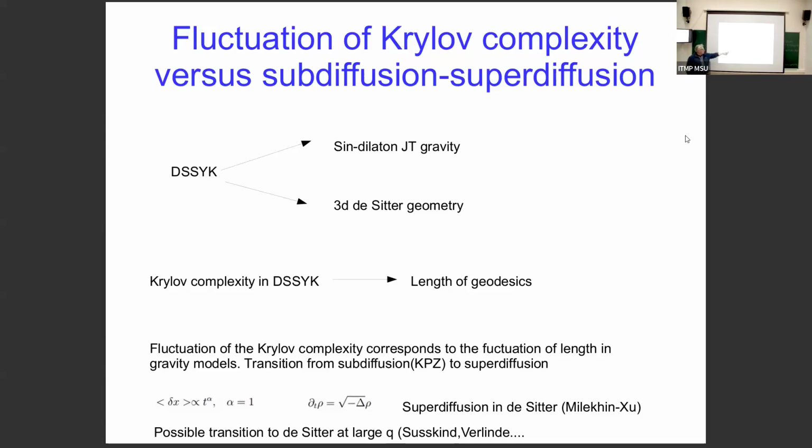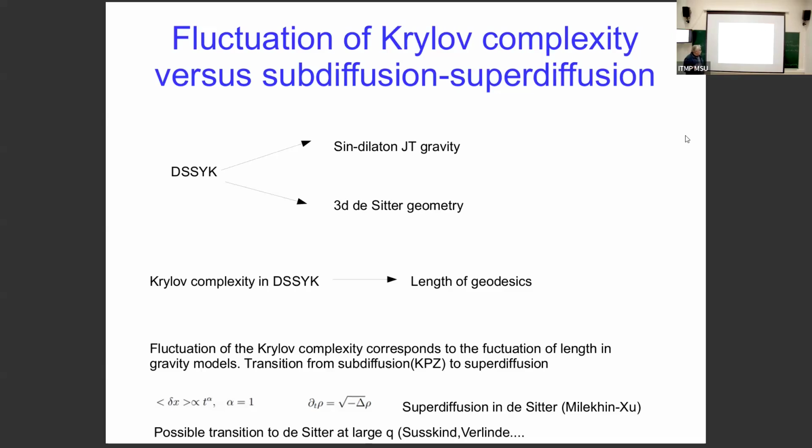Krylov complexity corresponds to the length of geodesics on the gravity side. Therefore, the fluctuation of Krylov complexity in double scale SYK corresponds to the fluctuation of lengths of geodesics in gravity. So it's possible to look at diffusion on the gravity side from the diffusion of the Krylov complexity in double scale SYK.